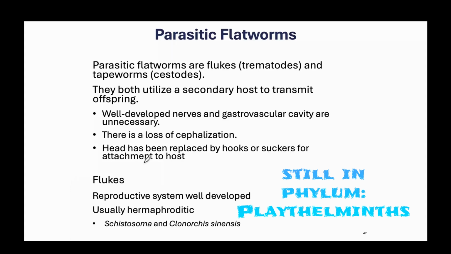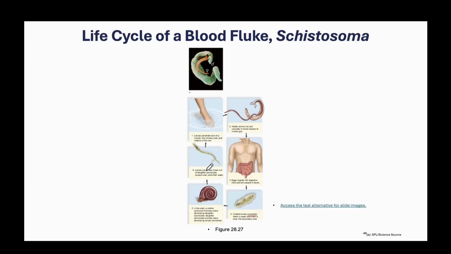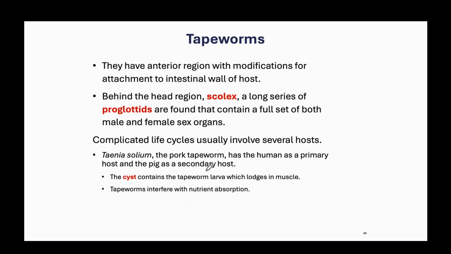Then there is a long series of proglottids that contain a full set of both male and female sex organs. They have a complicated life cycle, usually involving several different hosts. Taenia solium is what is known as the pork tapeworm. It has the human as the primary host and a pig as a secondary host.